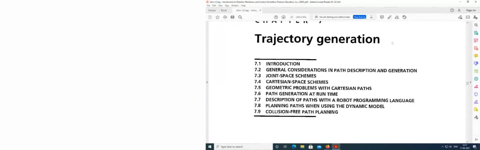I know using forward kinematics that if my joint variables are this and this, then I know what is my end effector, right? Similarly, using inverse kinematics, if this is my end effector's position and orientation, then I can calculate what should be the joint variable values.